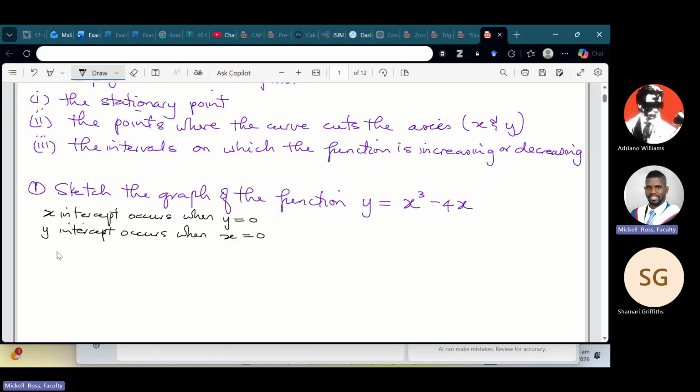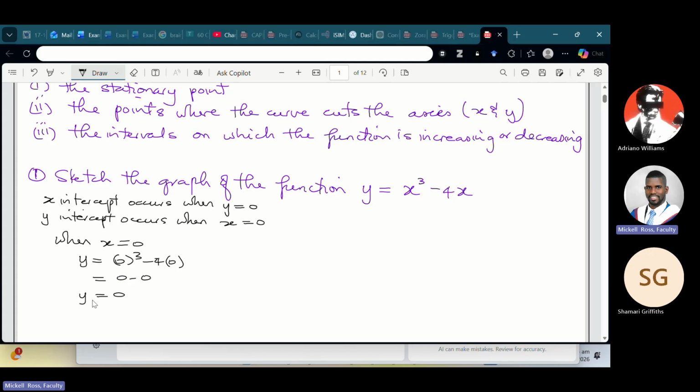So when x is equal to 0, y is going to be equal to 0 cubed minus 4 times 0. So this is 0 minus 0, so y is equal to 0. That means the y-intercept is going to be (0, 0). So you have one point, (0, 0). That's going to be your y-intercept.